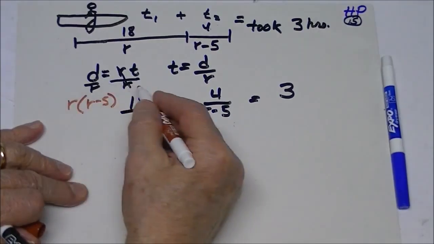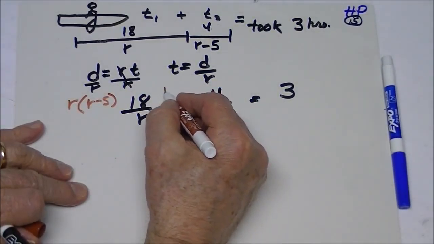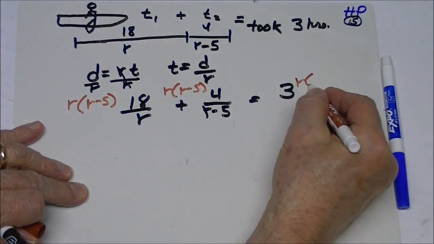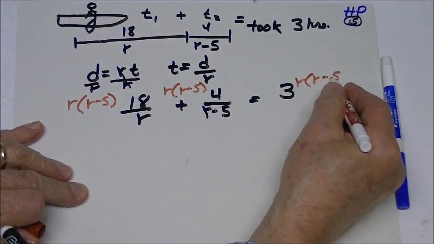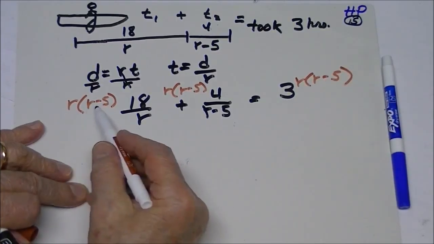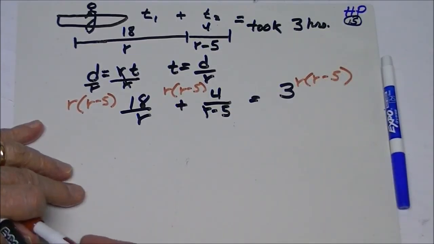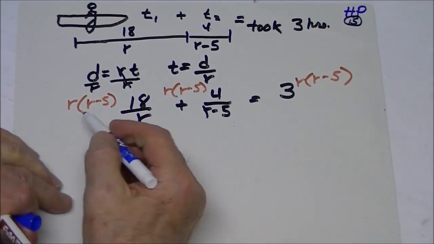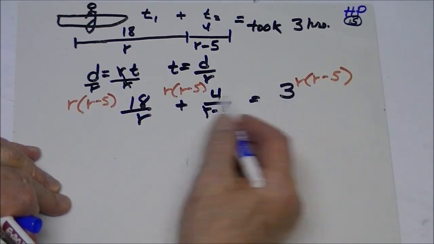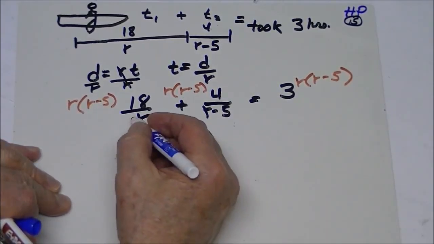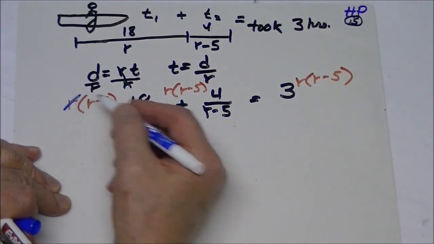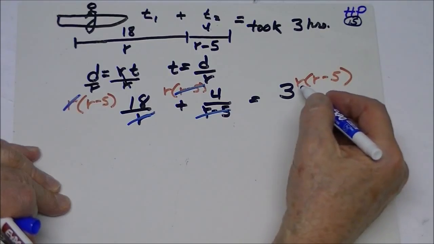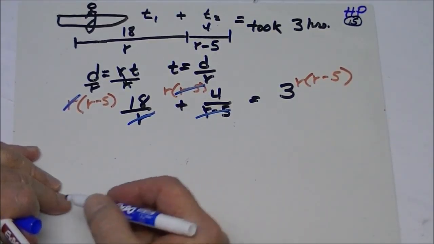Now I could put it out and put brackets, or I could put it by each one. So there's my common denominator. And now what I want to do is get rid of my fractions by multiplying each term by my lowest common denominator. So here the r's cancel out. Here the r minus 5 cancels out. And here nothing cancels out.